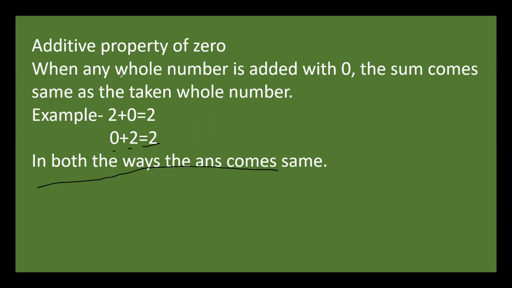You have to add any number with 0, just like 1 plus 0. What will the answer be? It cannot be 0. It cannot be any other number. It will only be 1 itself. If you add 0 plus 1, then also it will be 1. So this is known as the additive property of 0.